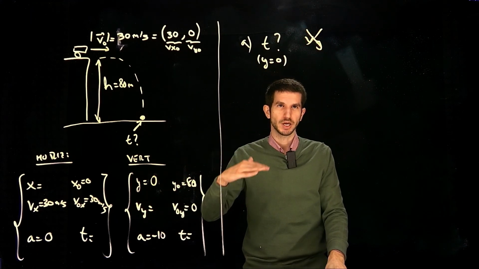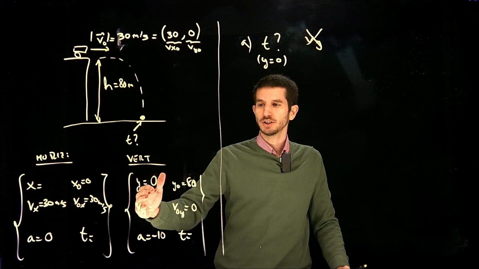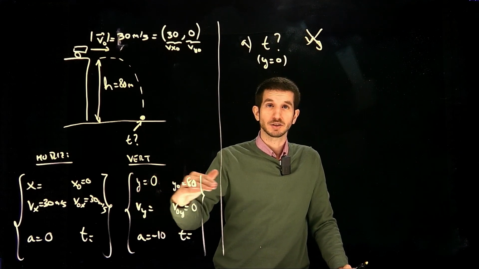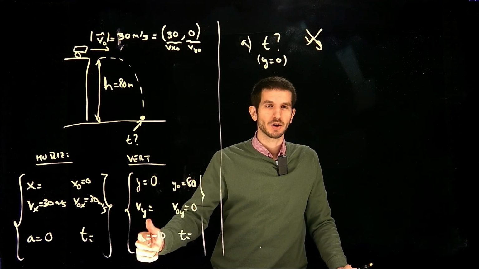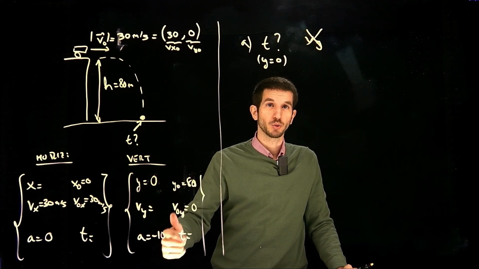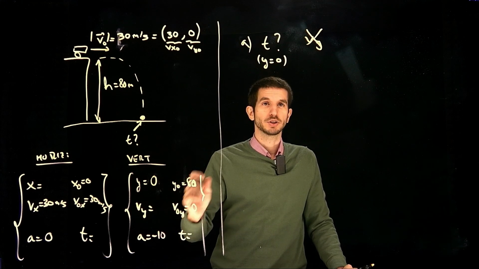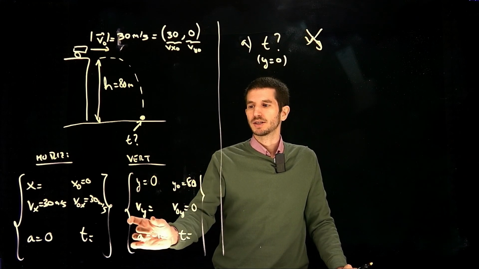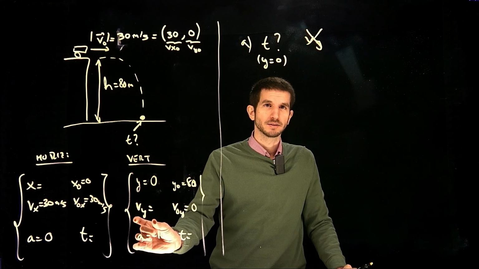So we need to use the equation that has initial position available, that has spatial information available, that has acceleration available, that has time also included because we're going to solve for time, that has velocity. We're looking for the equation that is missing v sub y.